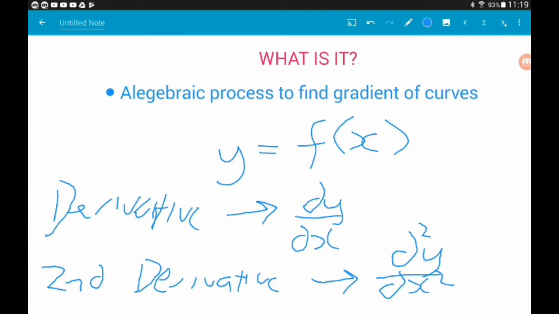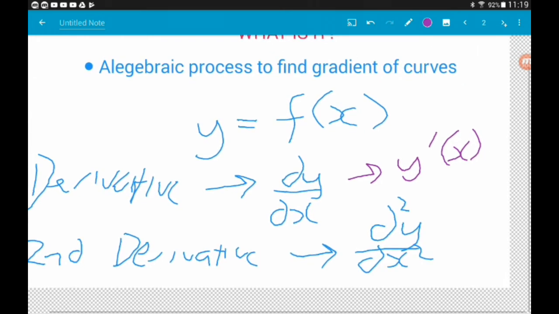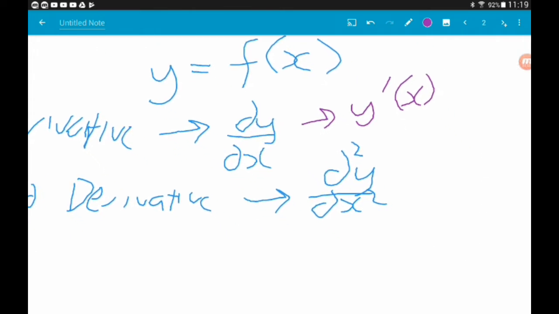There is also some alternate notation where we could either say we're being lazy or efficient. Dy over dx we could write as y dashed of x, and for the second derivative, d squared y by dx squared, we can write that as y dash dash of x. So it's a lot quicker than writing dy over dx every single time.